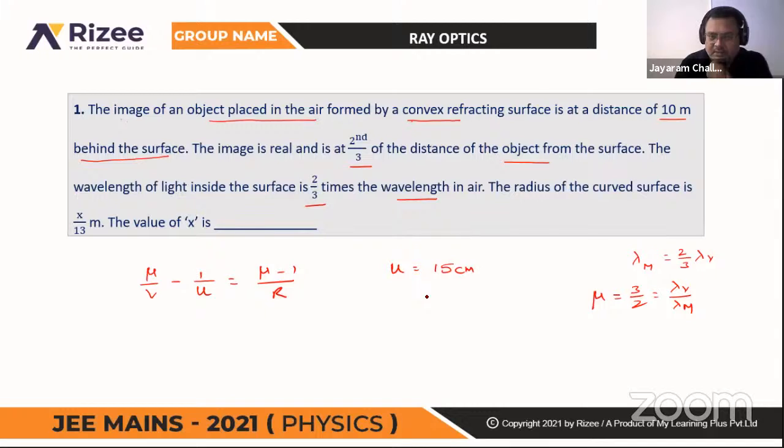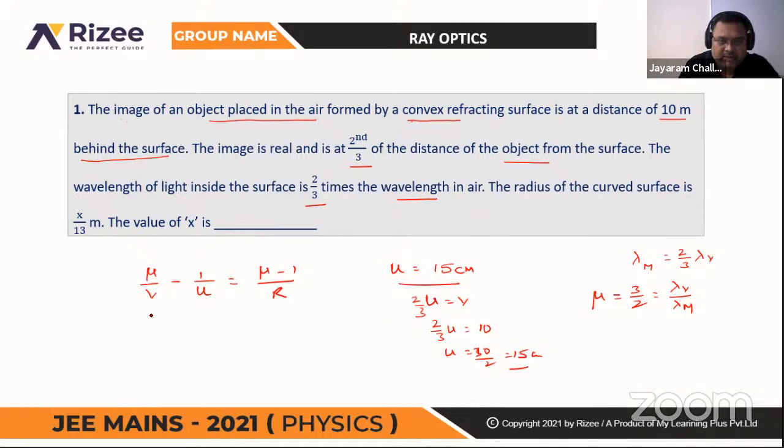That means V is equal to 2 by 3 times U, so 2 by 3 U is equal to 10, that is U is equal to 30 by 2, which is 15 centimeters. This is how we get the U value as 15.